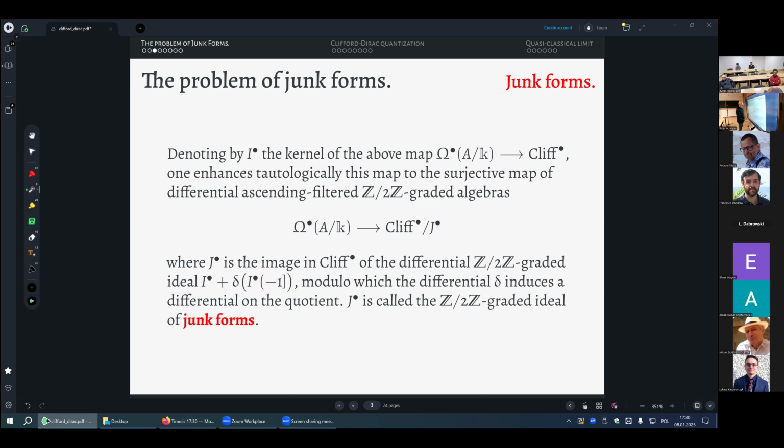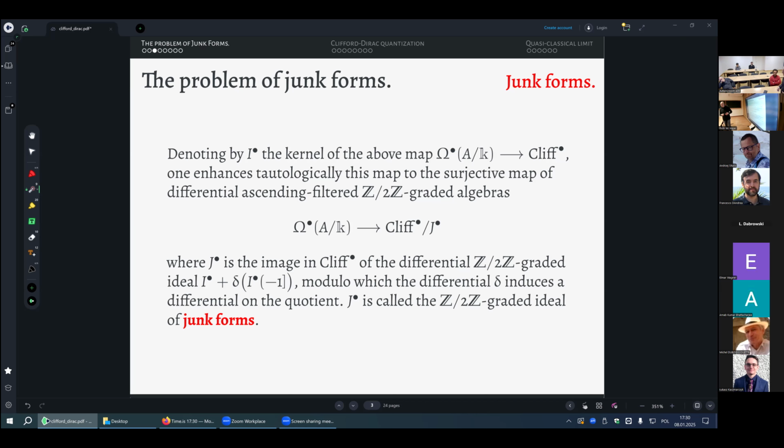Imagine in this Clifford algebra all such elements which are images of universal differentials, or elements in the kernel of this map. This is called the ideal of junk forms.